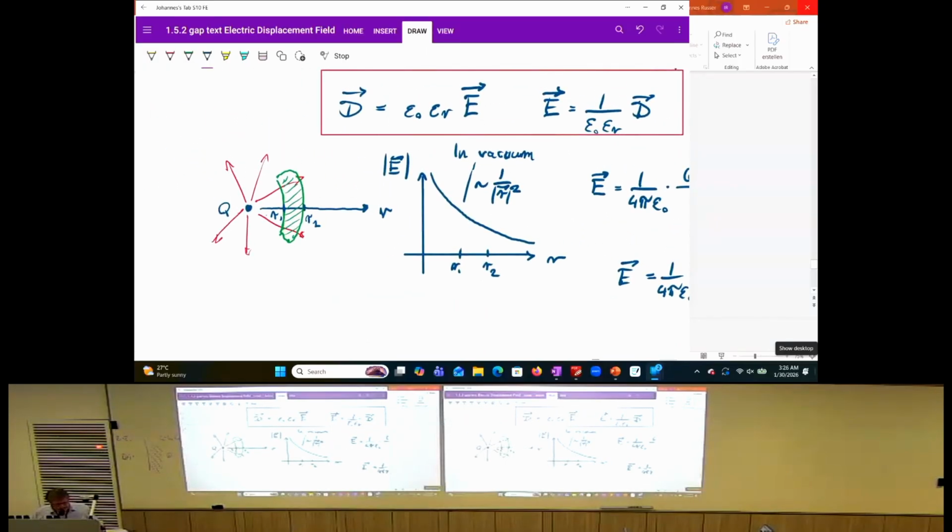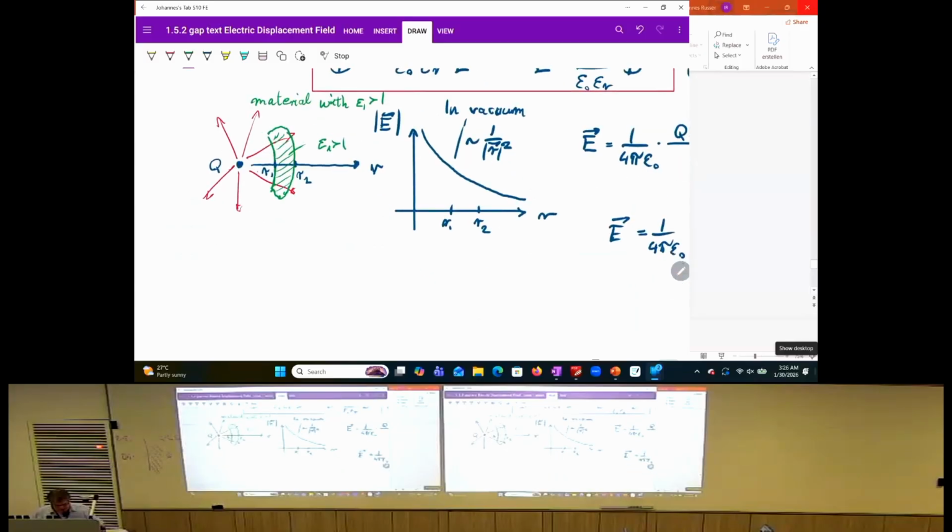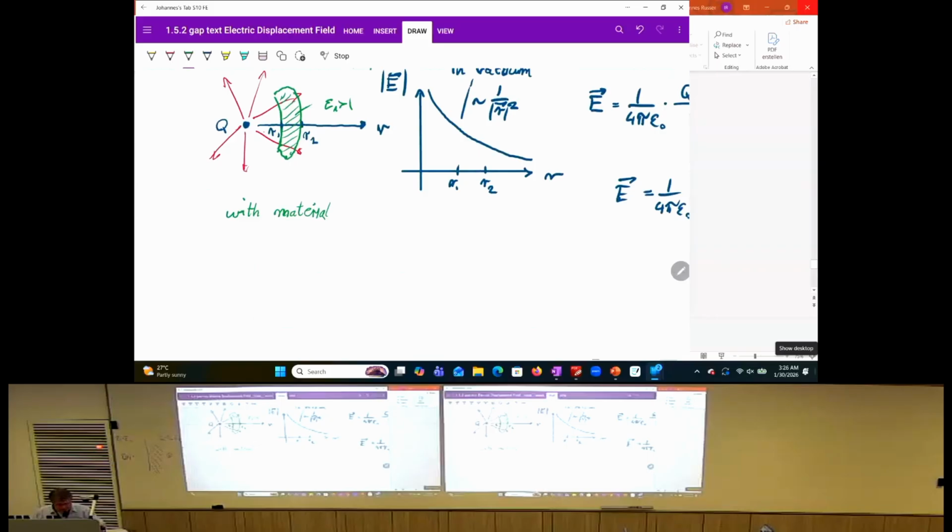This is the scenario, pure vacuum. You don't have this material here. Now, I've already plotted it in. There is this material which has epsilon 1, which is larger than 1. So we have a material with epsilon 1 larger than 1, and with material, the electric field looks different.